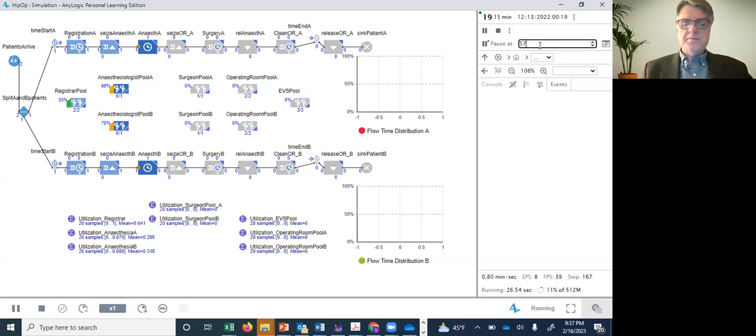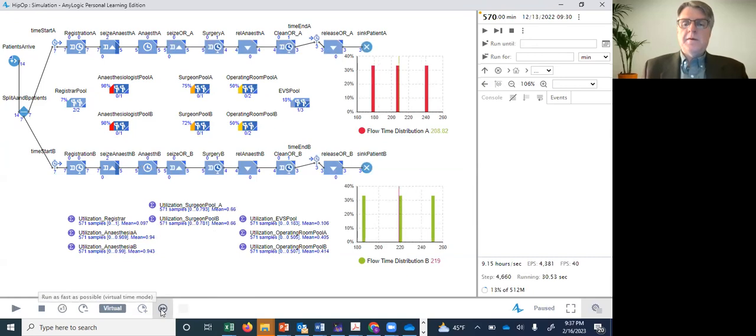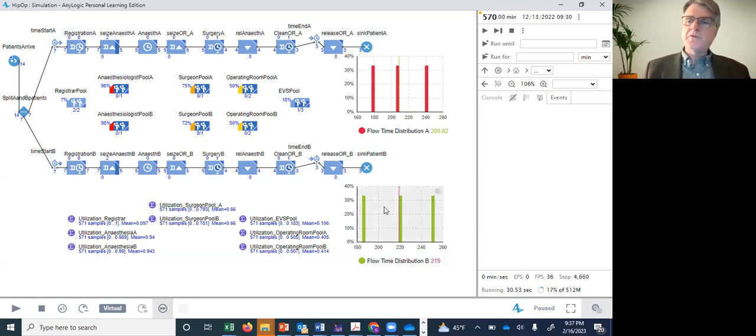So, last one. Okay, so 208, 219. All right, so that is the base case, and we will explore how to analyze some scenarios in this case in subsequent clips.